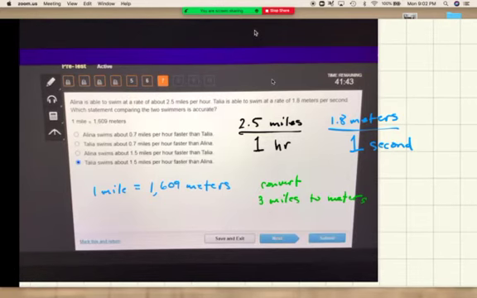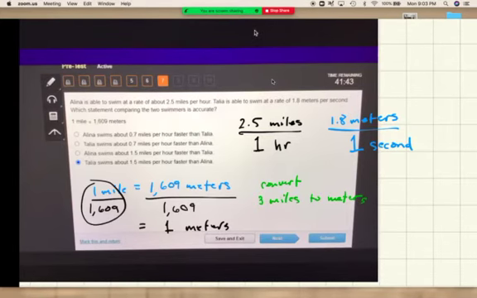To get that, I just take this and divide both sides by 1,609. So 1,609 divided by 1,609, that's just 1, and it's still meters.